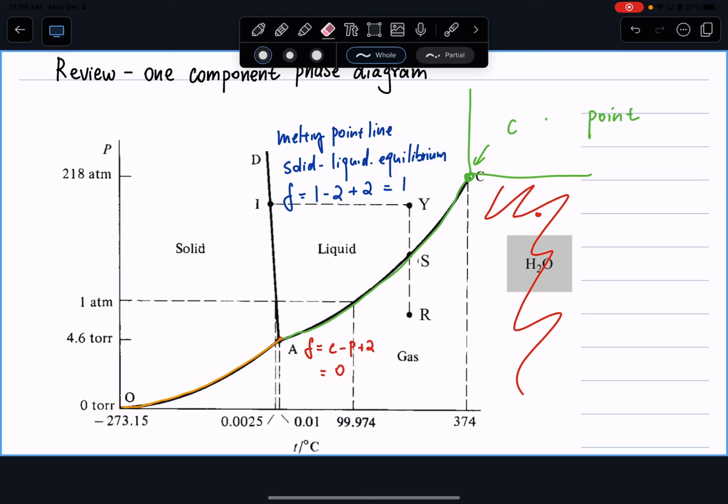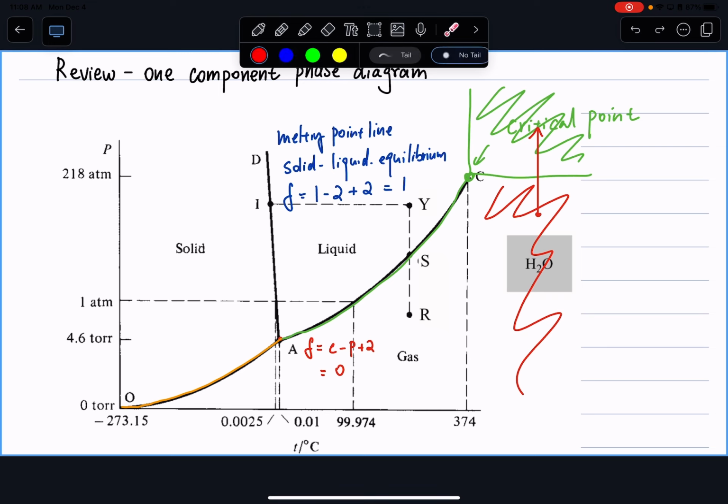All right, so now let's look at a specific process and try to give that specific process a little bit more chemical meaning by plotting your Gibbs free energy or your chemical potential versus pressure in this case. The specific process we're talking about is between your R to S to Y point.